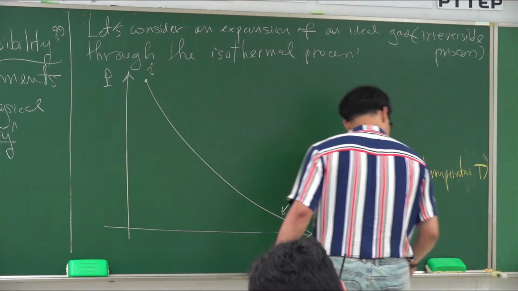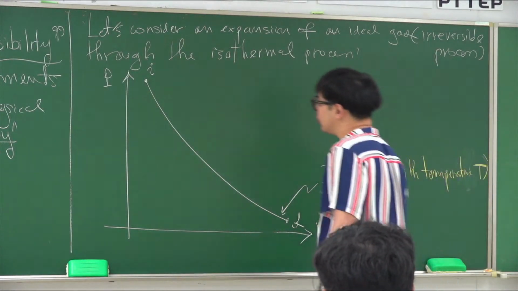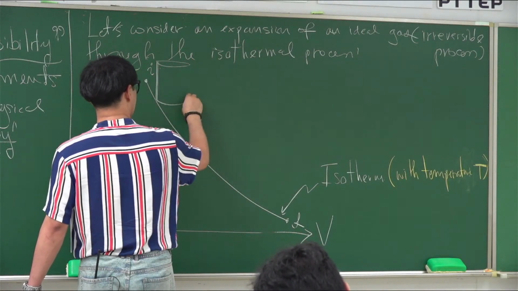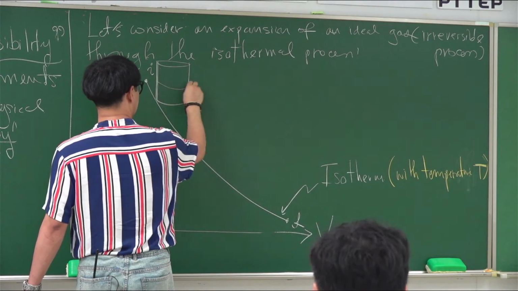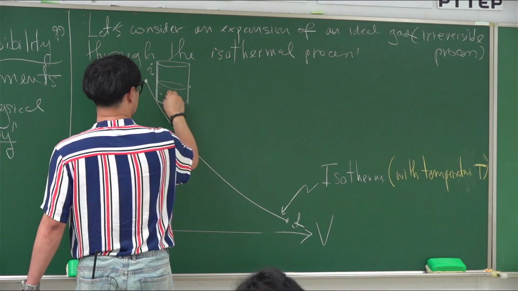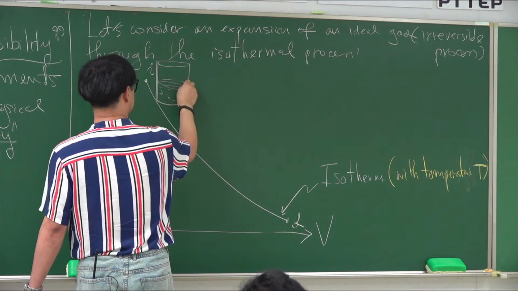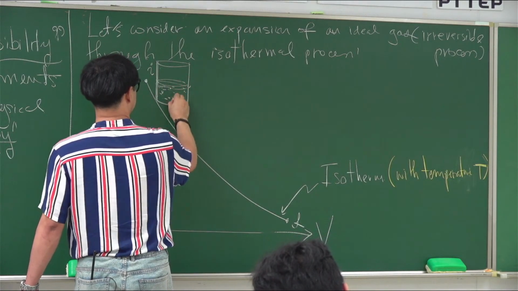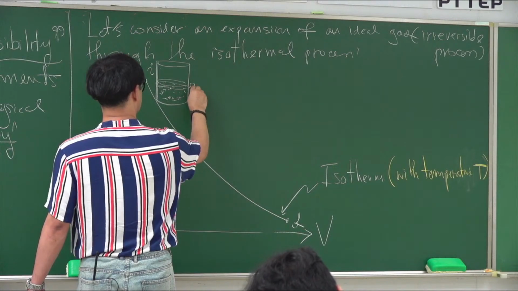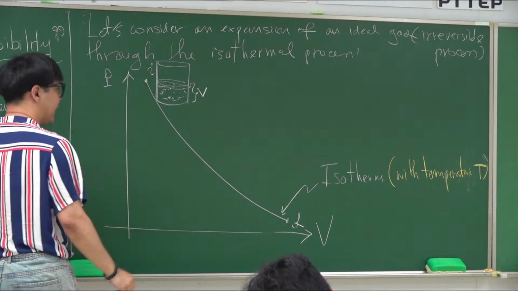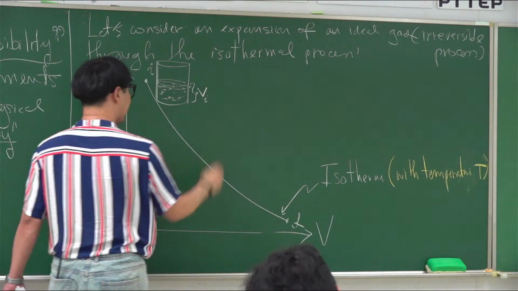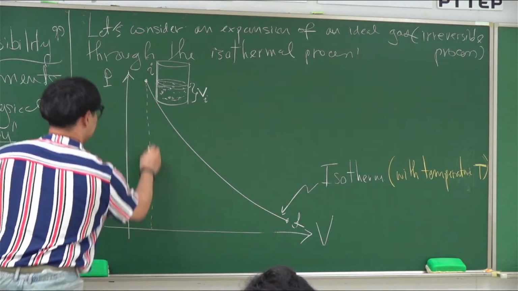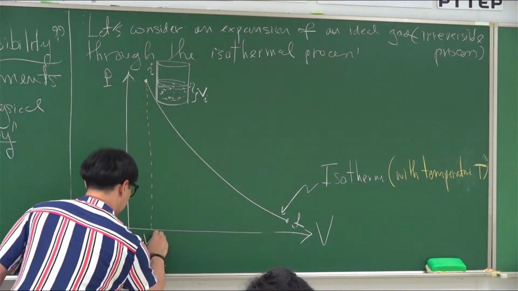So it means that at the beginning, suppose this is the chamber of your gas, and the gas is localized in this portion, which is Vi.